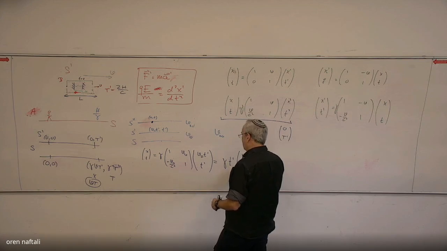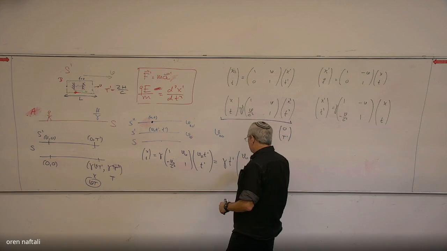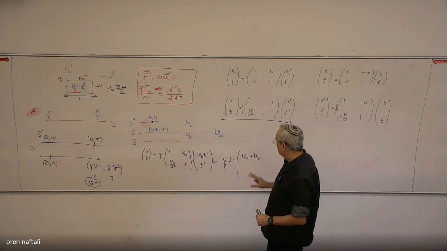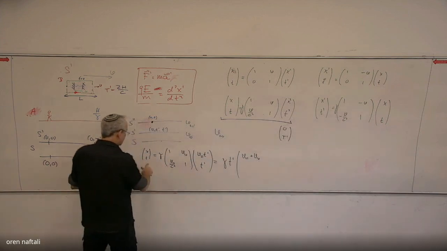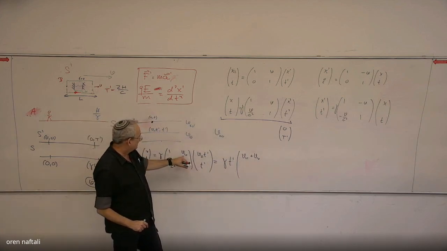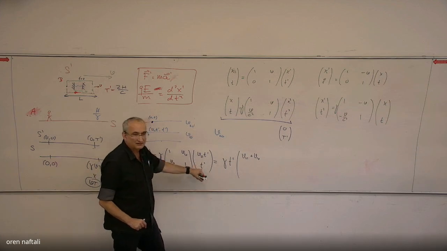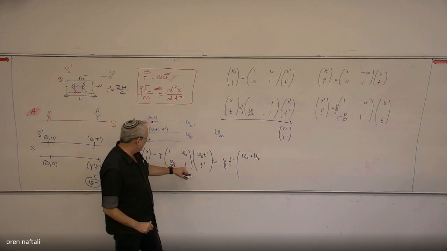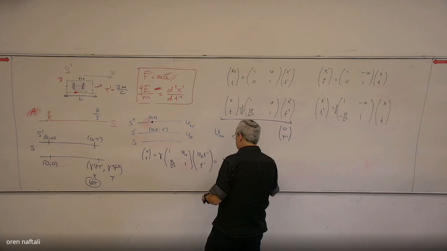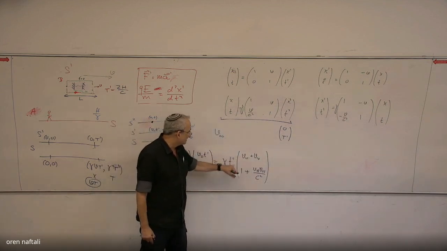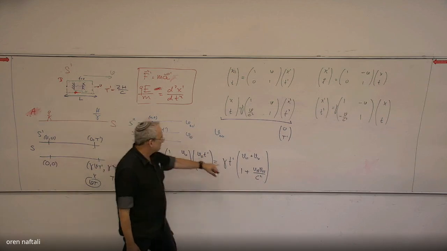I took the gamma and the t prime out, and now I have 1 plus v10 v21 divided by c squared. So this will be x in the system S, and this will be t in the system S.